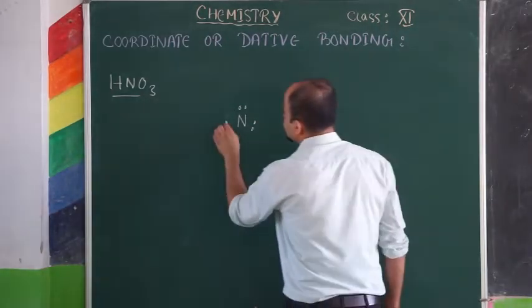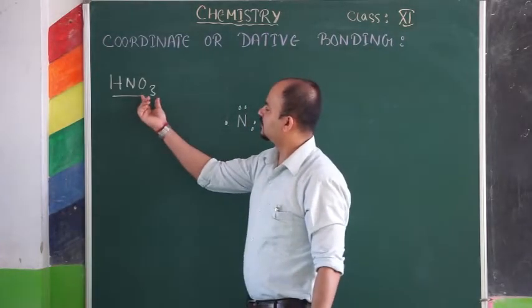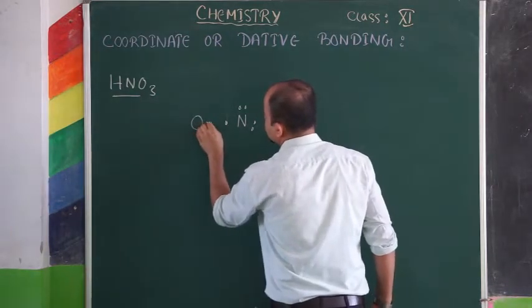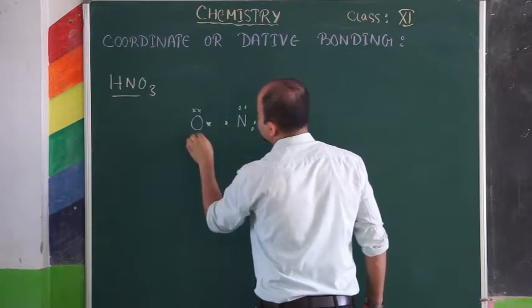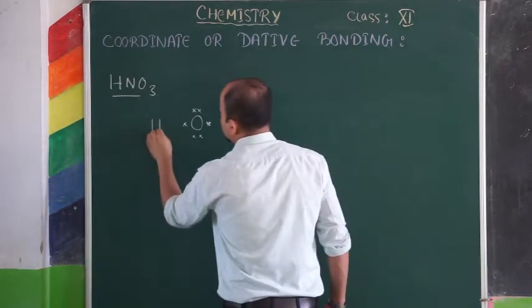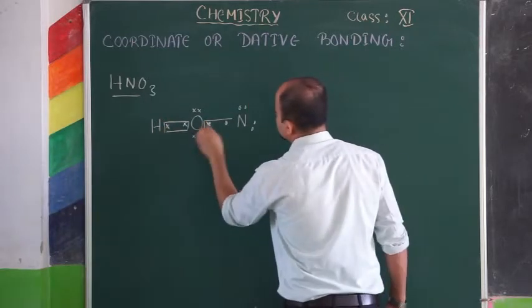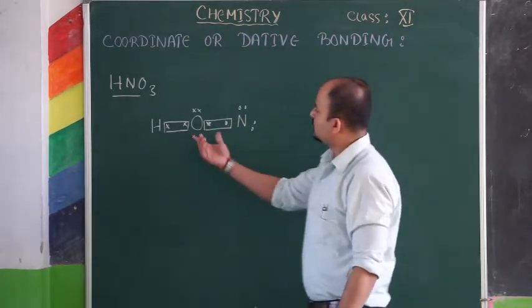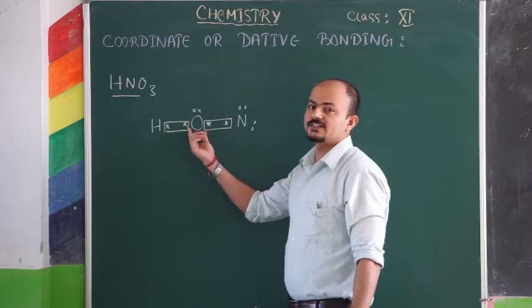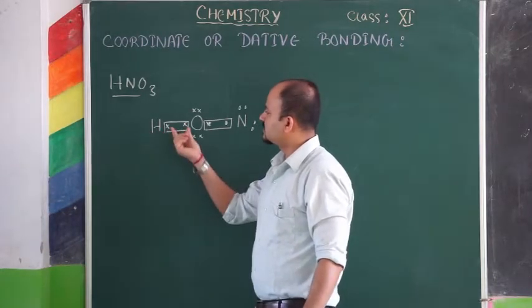One of these electrons will be shared with oxygen. Oxygen has 6 electrons in the valence shell, and this oxygen will form a covalent bond with hydrogen. This is a covalent bond, and here also is a covalent bond. So you can count for oxygen: 1, 2, 3, 4, 5, 6, 7, 8. Its octet is fulfilled. Similarly, for this hydrogen, its duplet is complete.